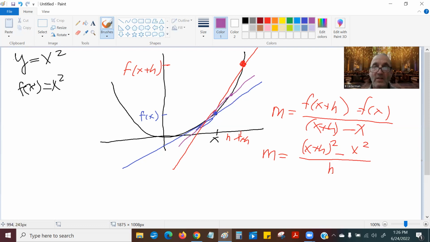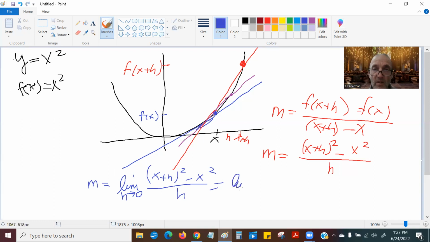And the slope of the blue tangent is, drumroll please, m is going to be equal to, ready for this, folks, the limit as h goes to 0 of (x plus h) squared minus x squared over h. Now let's work this out.